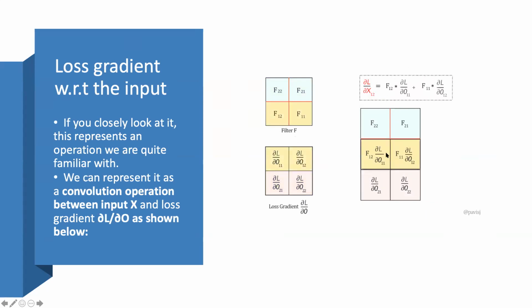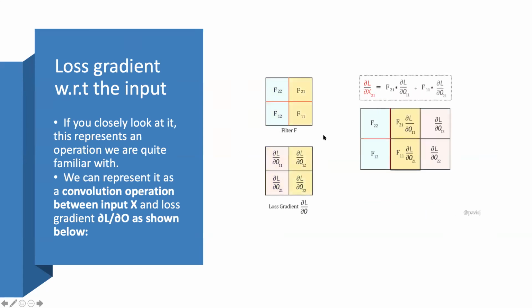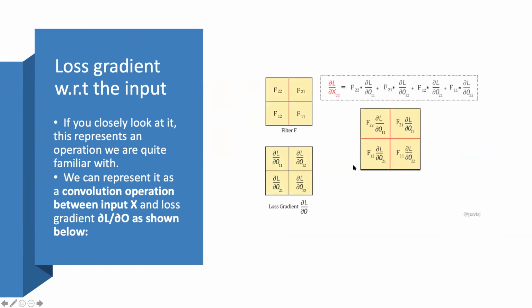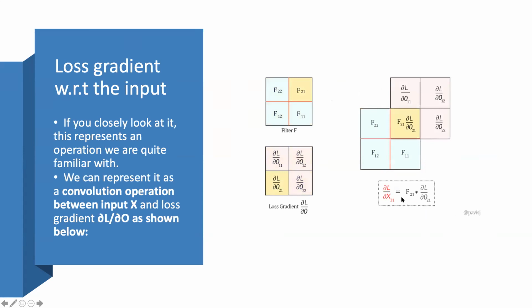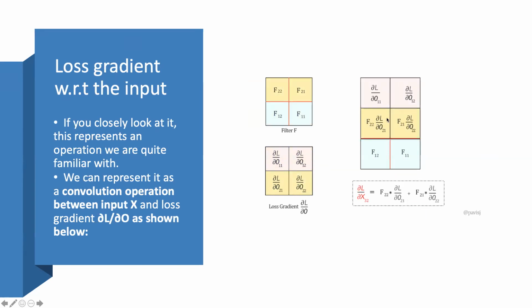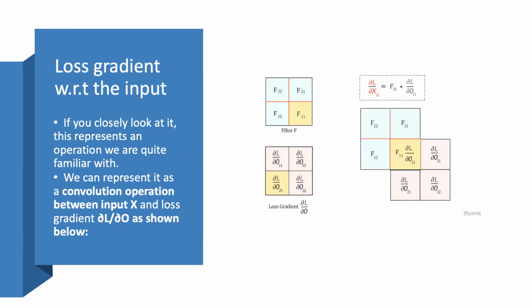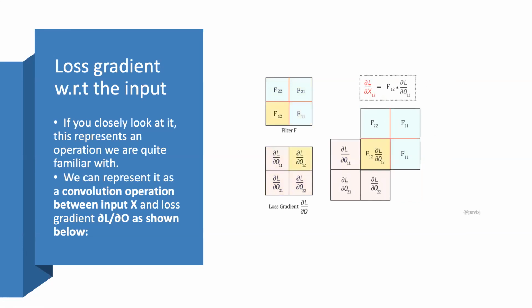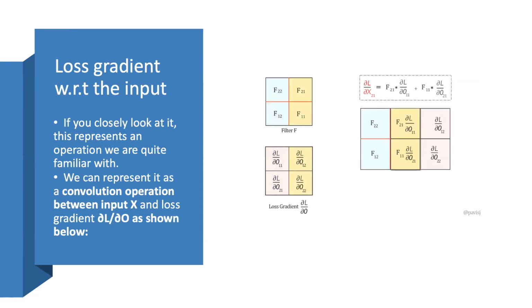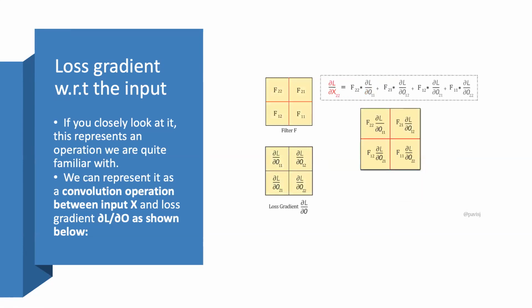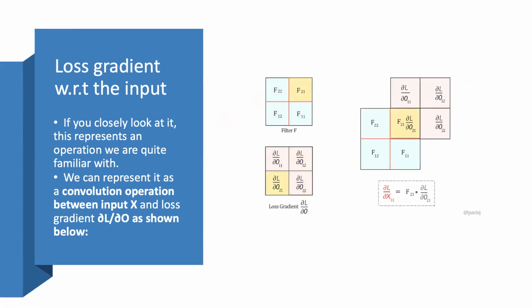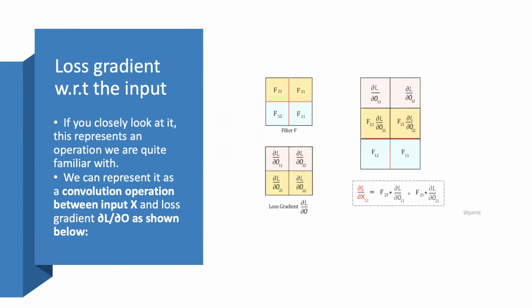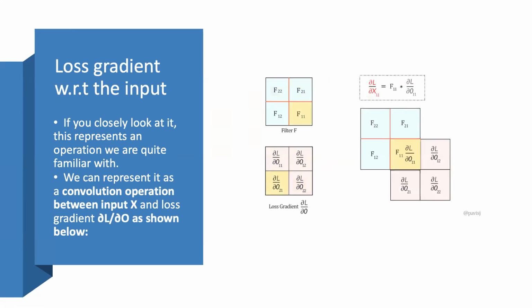I wish this GIF had the zeros padded around it, which is not shown, but can you see that the filter is moving out of the gradient? Basically, it's traversing everywhere. So this is how it's happening. It's a convolution of the upsampled gradient of the loss with respect to the output with the flipped and inverted filter.